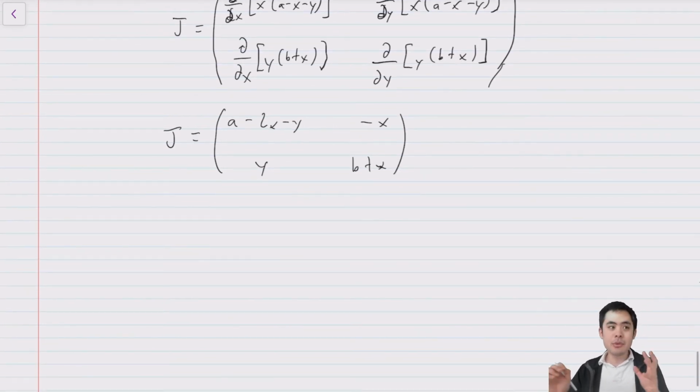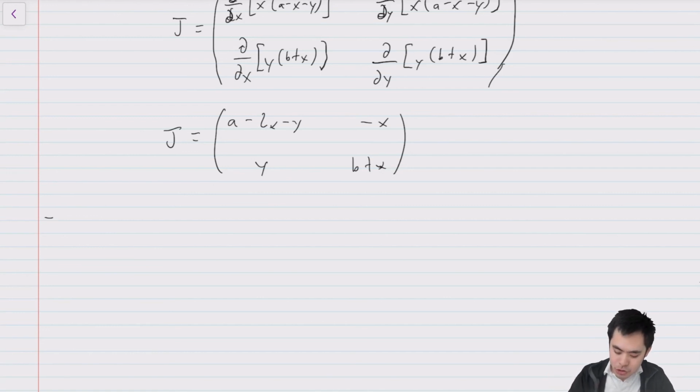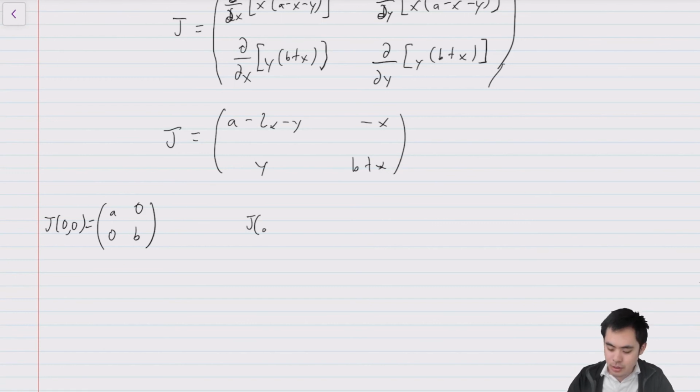Okay, so now that we have that, we can talk about the Jacobians at each of our equilibrium points, and then use the Jury conditions to figure out whether or not things are stable. So for J of 0, 0, well, this is the easiest case. This Jacobian is just a, 0, 0, b. And then we also have J of the other equilibrium, a minus 1, 0.